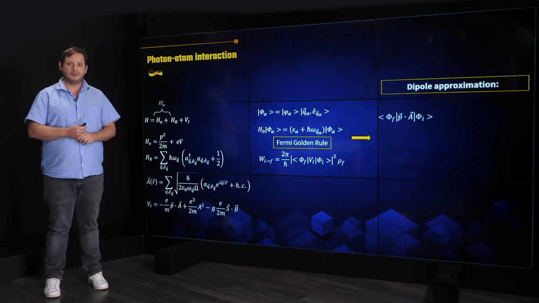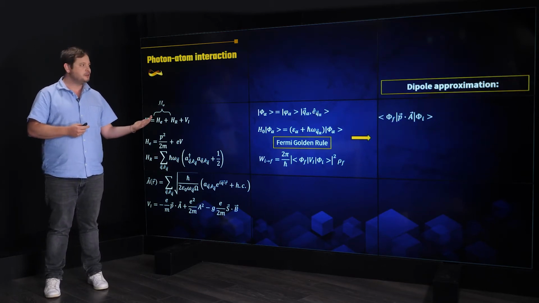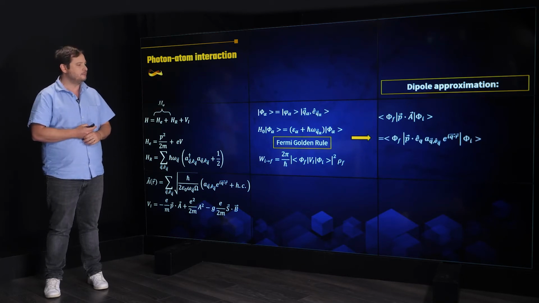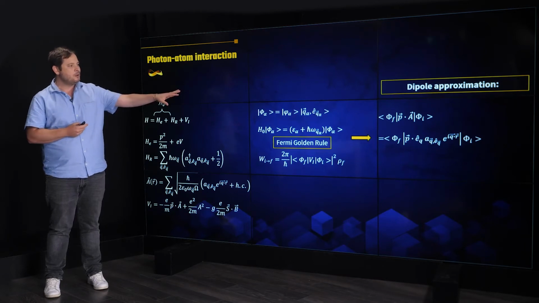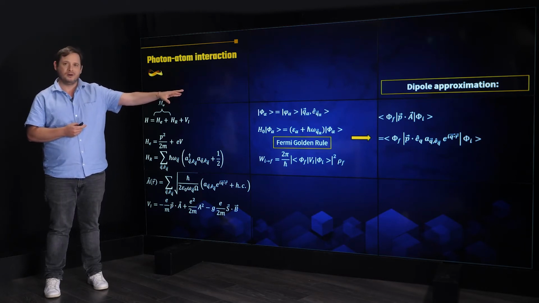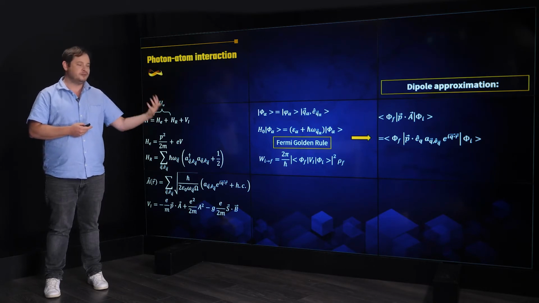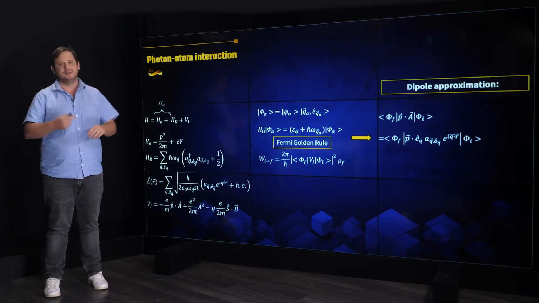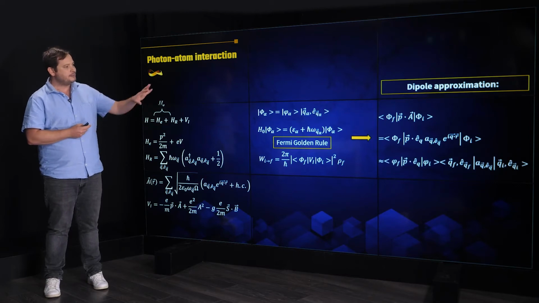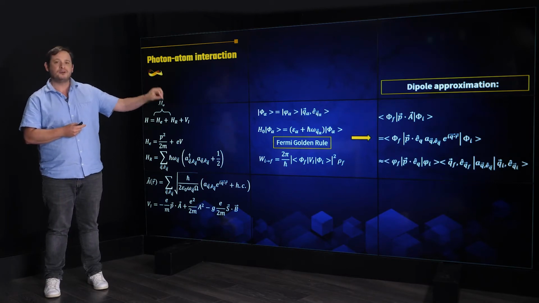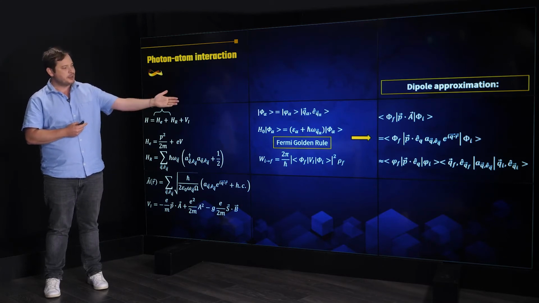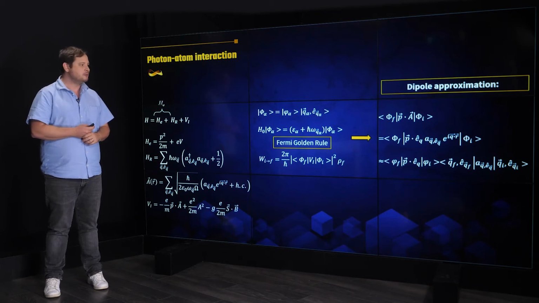We'll take a first approximation, which is the dipole approximation, under which, again, we retain the first order term in the vector potential, but also now when we plug in the phasor of the photons, the plane wave, what we'll do is take the long wavelength limit, which is the dipole approximation, which means that the wavelength of the photon is much larger than the wavelength of the electrons, and therefore we retain only the first order term of this phasor, which is just unity, which leaves us with these matrix elements that we now need to calculate.